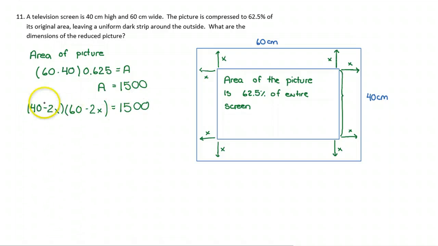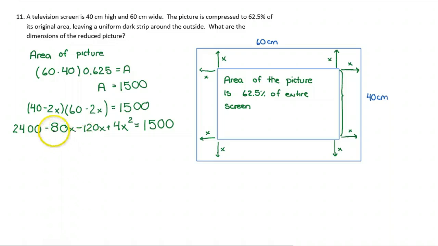So it looks like it's factored, but the problem here is that the one side isn't 0. So we're going to expand this and then get everything to one side and go through our factoring process. So 40 times 60 is going to be 2,400, and then minus 80x minus 120x plus 4x squared is equal to 1500.